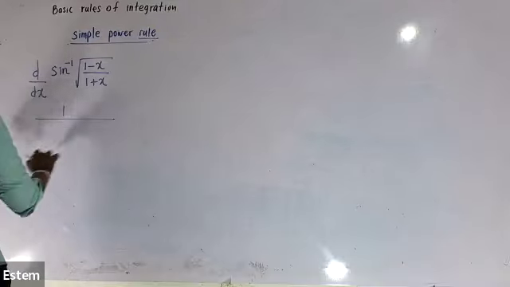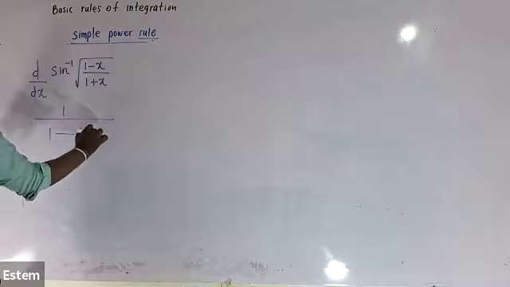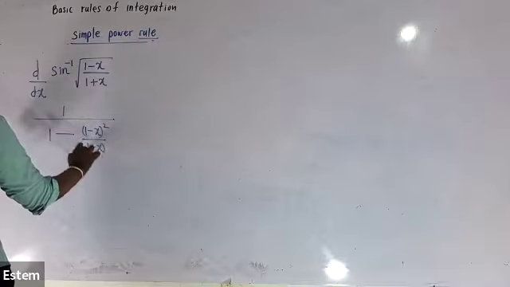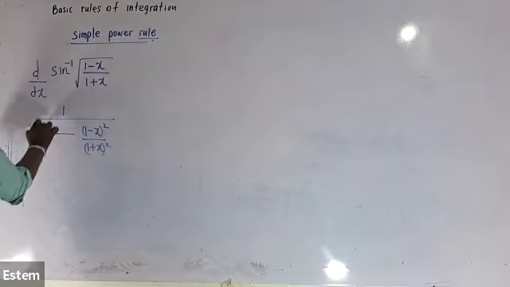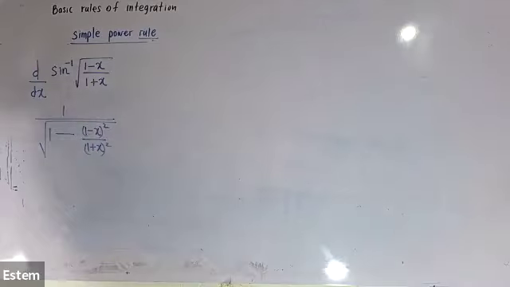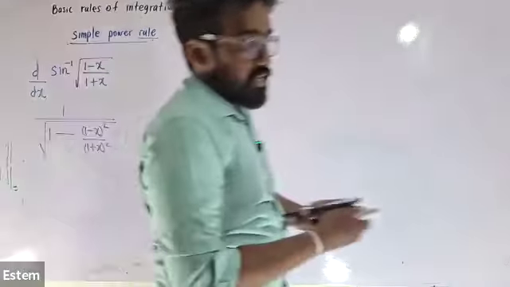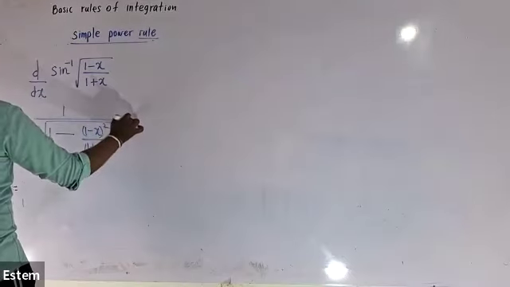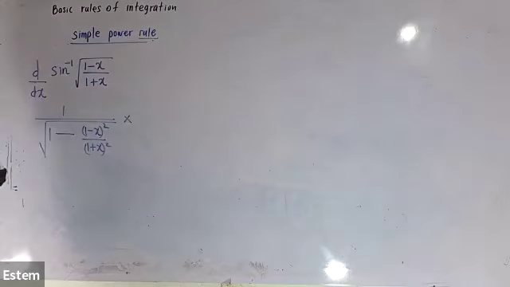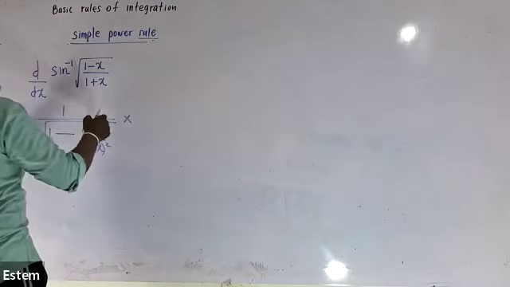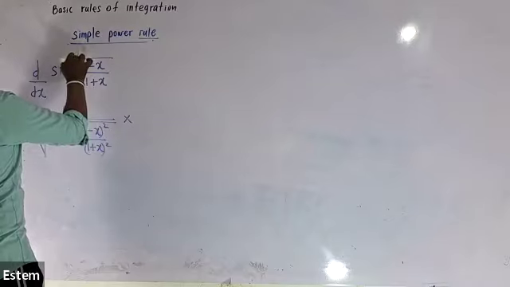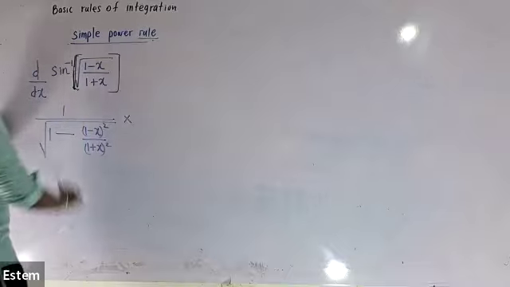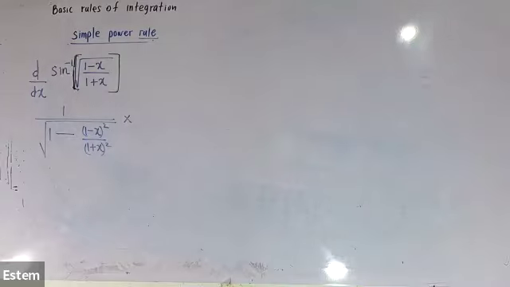Here, 1 over square root of 1 minus (1 minus x) over (1 plus x), squared. Now we differentiate the sine inverse part. Now we should get into this square root of 1 minus x and 1 plus x.